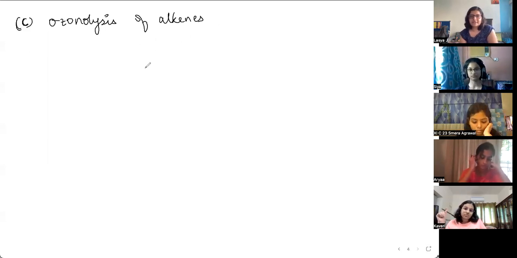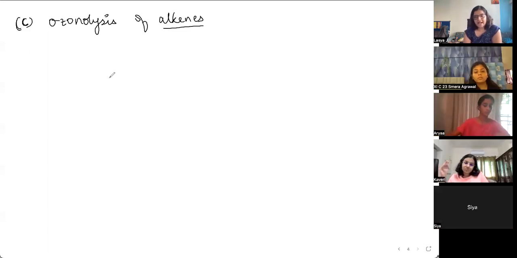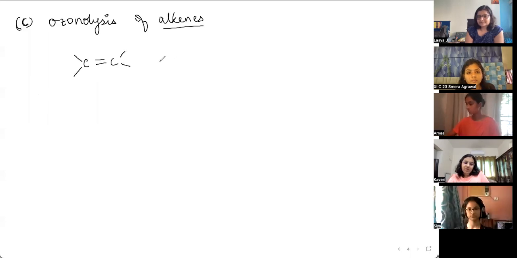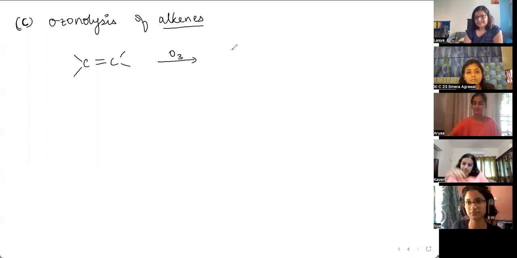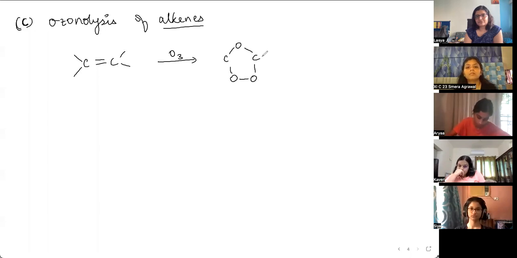If you want a specific aldehyde or ketone, you need to choose the alkene based on that, because the mechanism will always take place in the same way. Any alkene has a double bond, and the first step is the addition of ozone. Ozonolysis, so the double bond breaks. That's the lysis part of it.